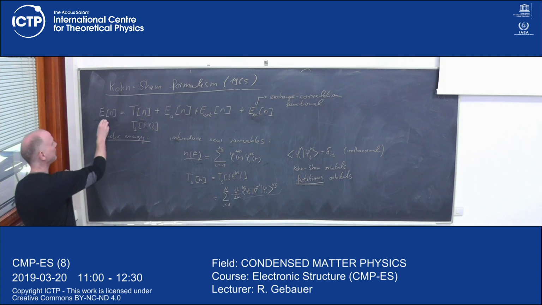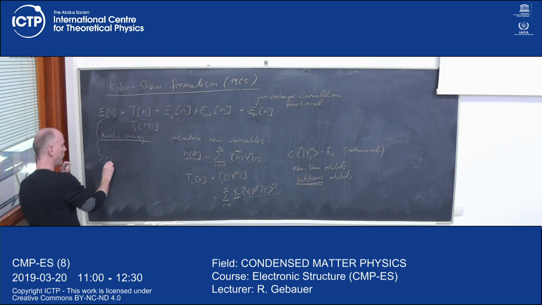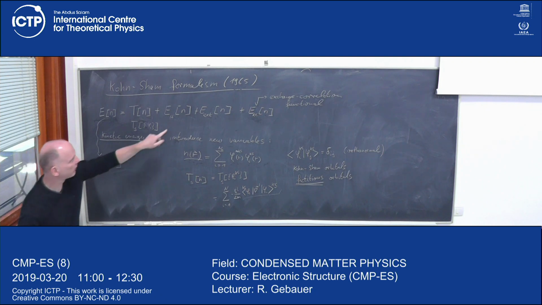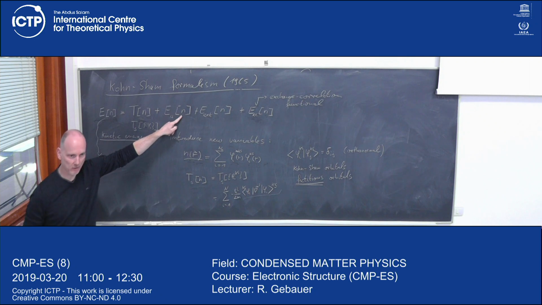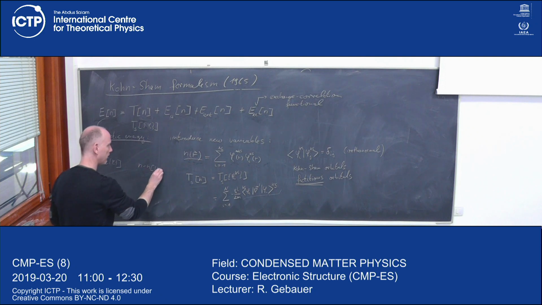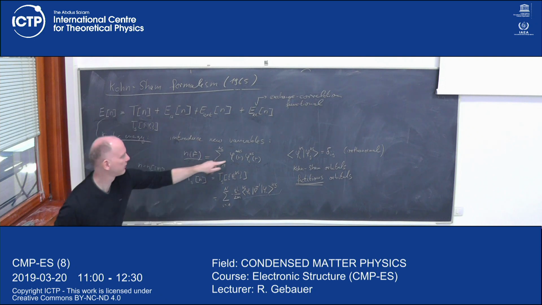So, in fact, this here becomes a functional of the Coulomb orbitals. In the Coulomb approach, the energy is a functional of the orbitals, because these terms here, which are functions of n, we know that n is in fact n of these orbitals. Because if you know the orbitals, you know the density.